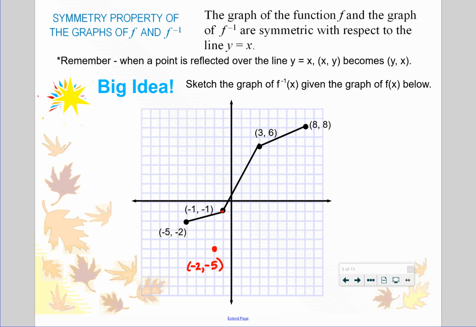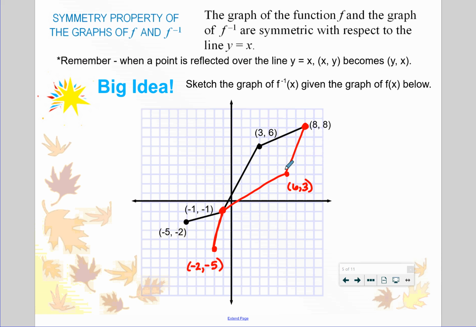It is itself. -1, -1. If I have 3, 6, and I flip the coordinates, it becomes 6, 3. And then finally, 8, 8 becomes 8, 8.